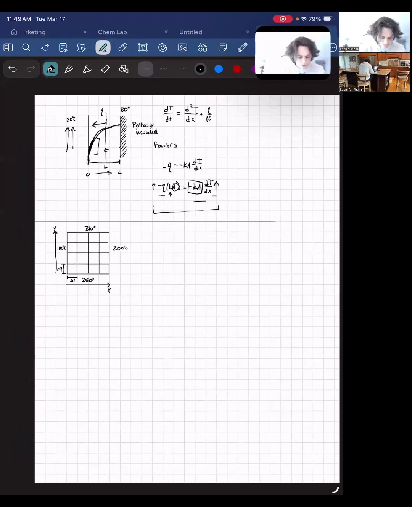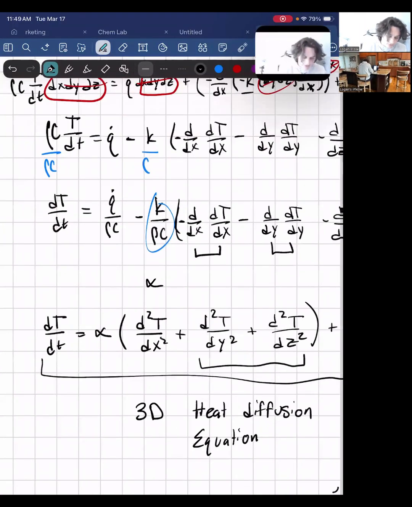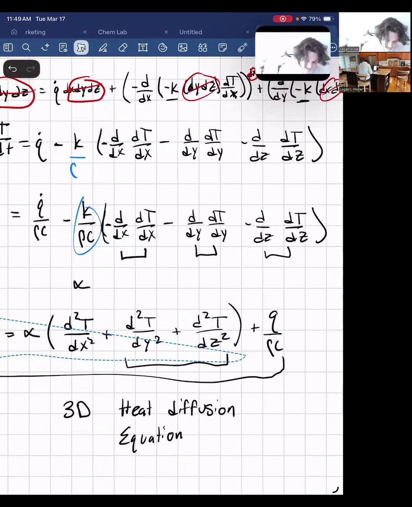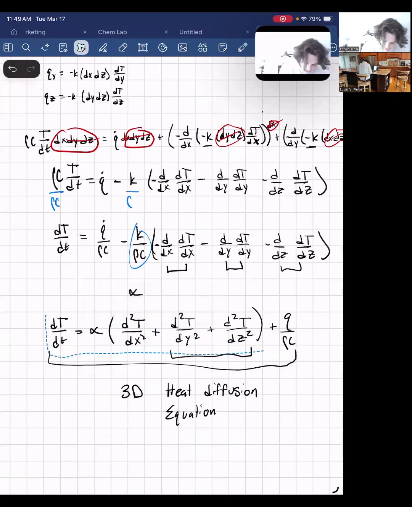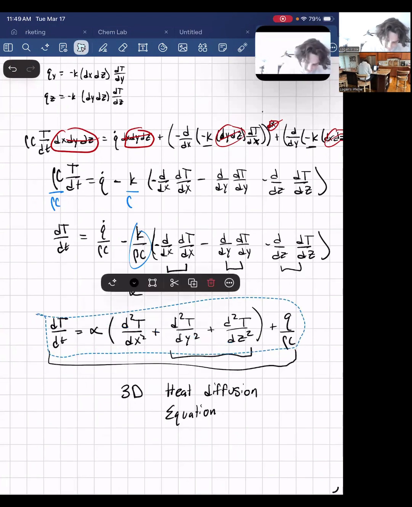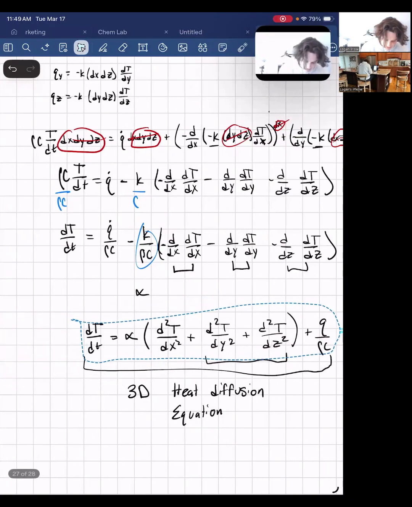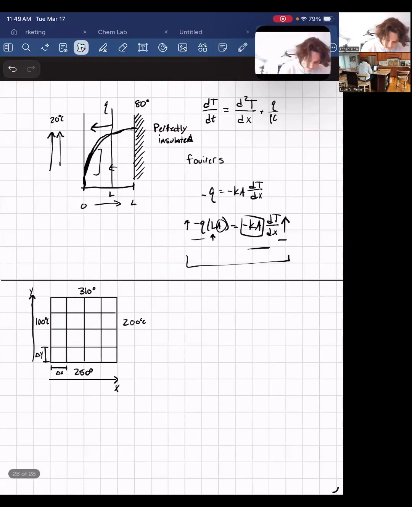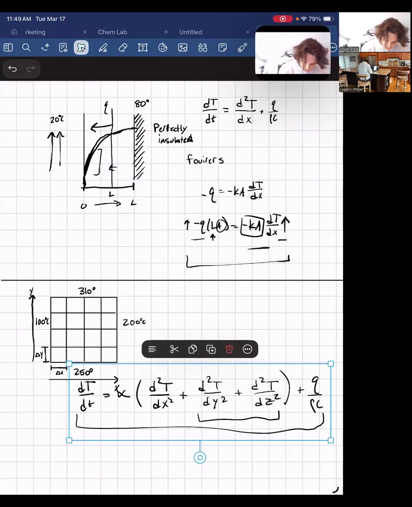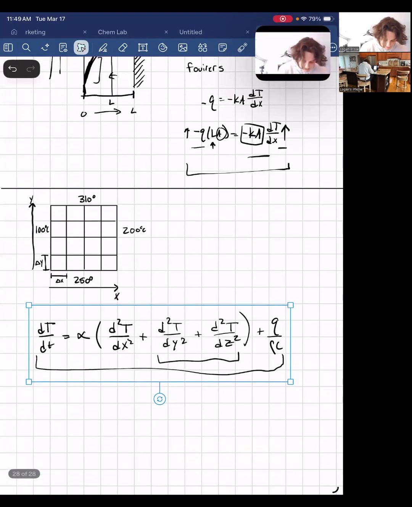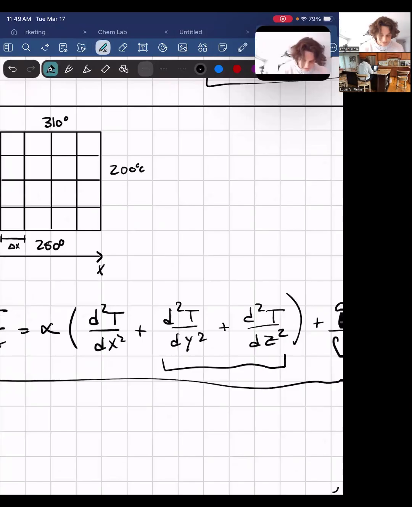So if we take our equation from before, if I can copy it, so we have our equation from before here, right?